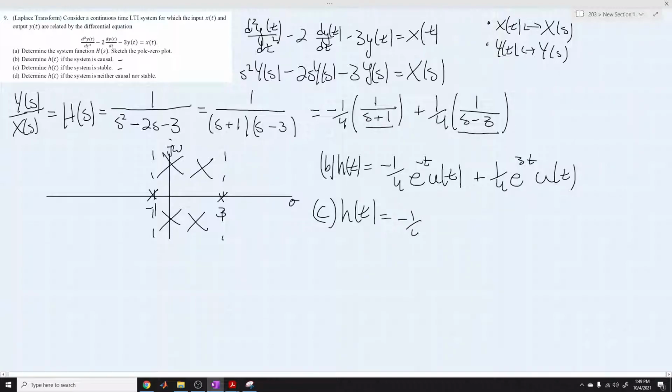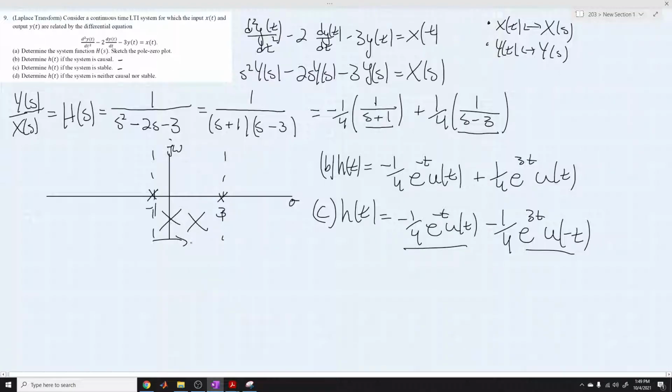So we can just write that down right now: e to the negative t u of t. And our rightmost pole is going to be left-sided. So that means it's going to be a u of negative t. And you don't want to forget this minus sign in there. If you look at your table, it's in there. You'll have -1/4 times e to the 3t times u of negative t. And this makes sense. Here's this one being right-sided, going this way. Here's this one being left-sided, going that way.